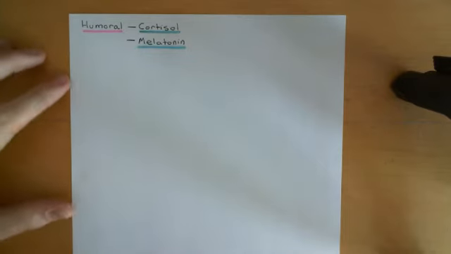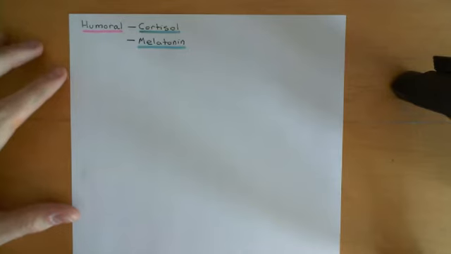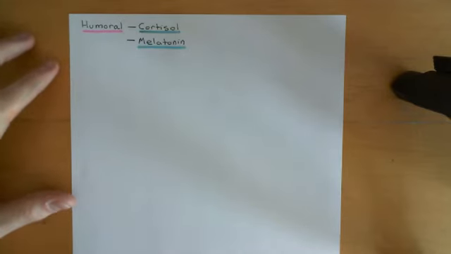Let me firstly show you the graph of cortisol varying on a 24-hour basis, and then we'll talk about the HPA axis, the endocrine axis which controls the release of cortisol by the adrenal gland.